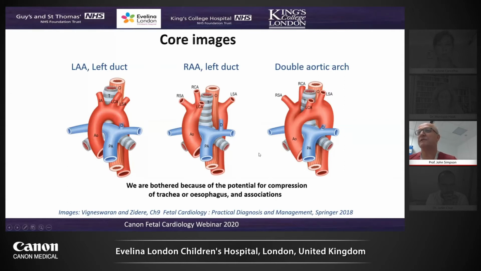So we're bothered about this because of the potential for compression of the esophagus or trachea or both. And in this example here, we have a true double aortic arch with the right arch to the right, left arch to the left. So a true textbook double aortic arch with a similar effect of compression of the esophagus and trachea.